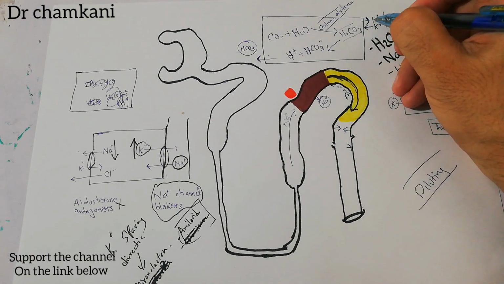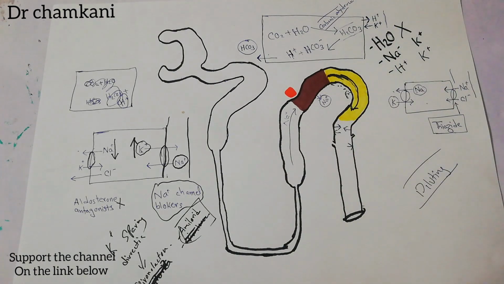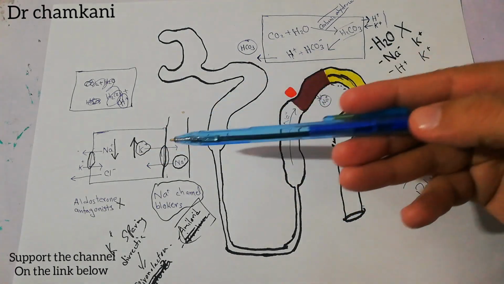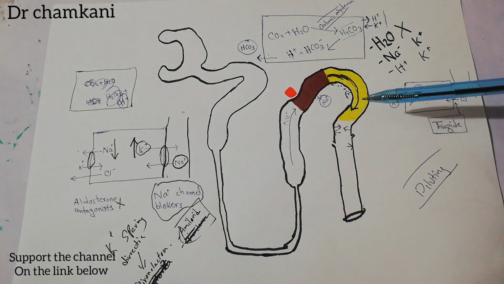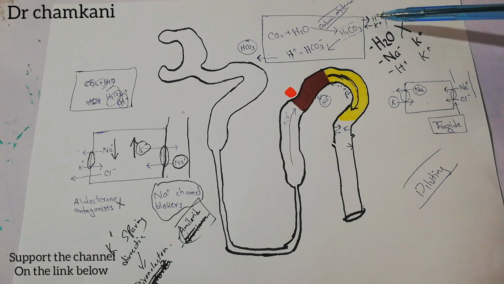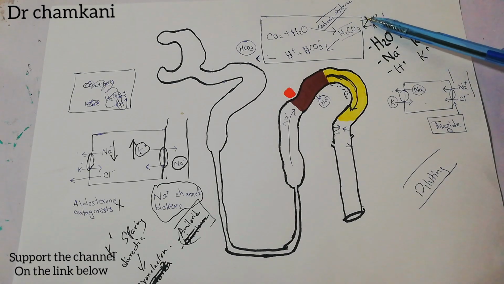When this hydrogen is being secreted, the potassium is reabsorbed into the cells. So the potassium which was secreted by the principal cells present in the late distal tubule and cortical collecting tubule is reabsorbed by the intercalated cells, and at the same time hydrogen is secreted.